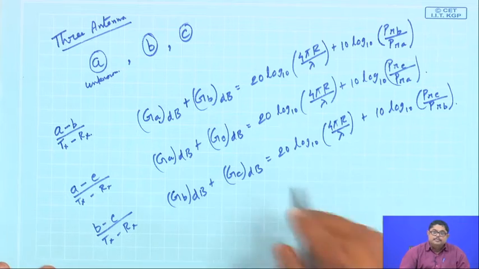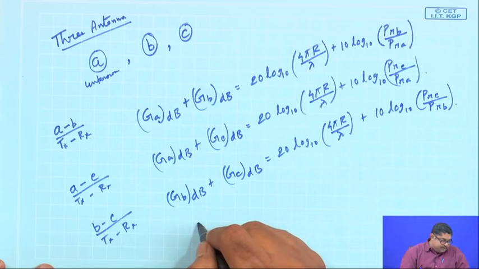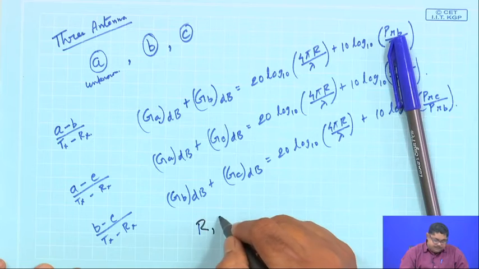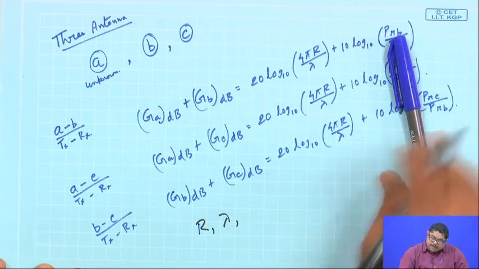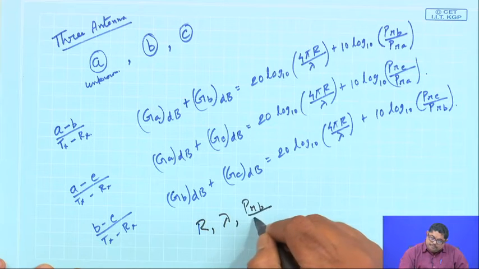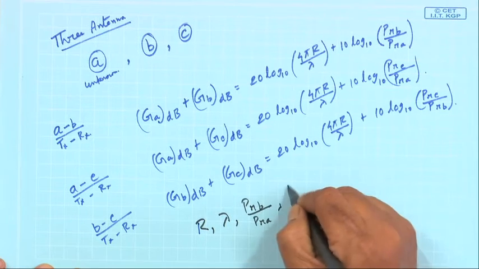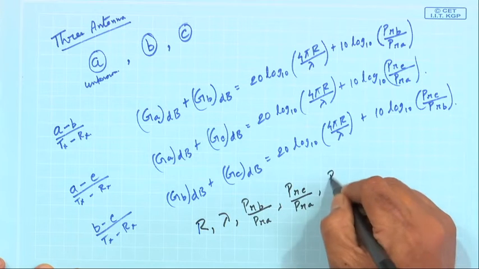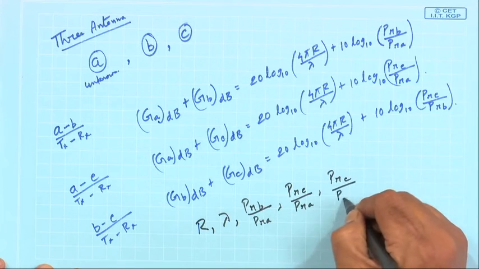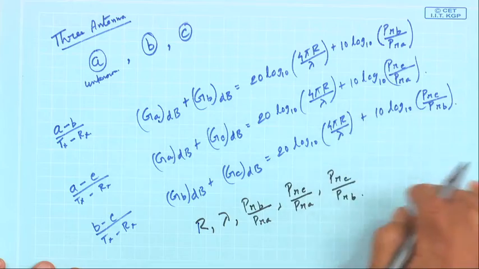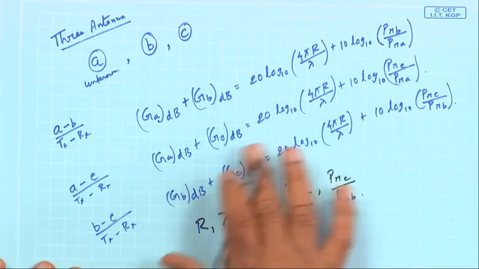Now, you measure R, lambda and these 3 ratios: PRB by PRA, PRC by PRA and PRC by PRB. If I do that, everything is known.